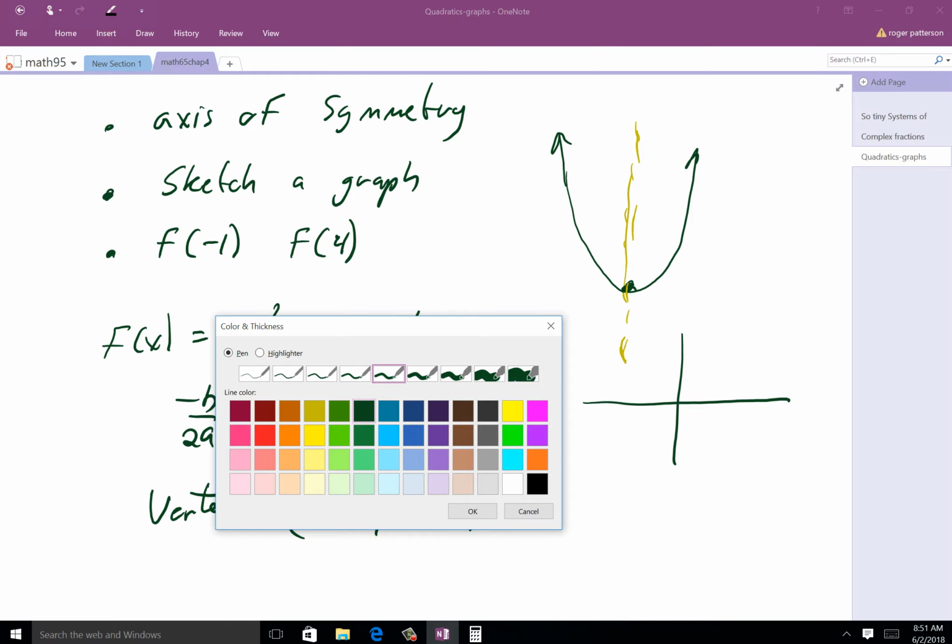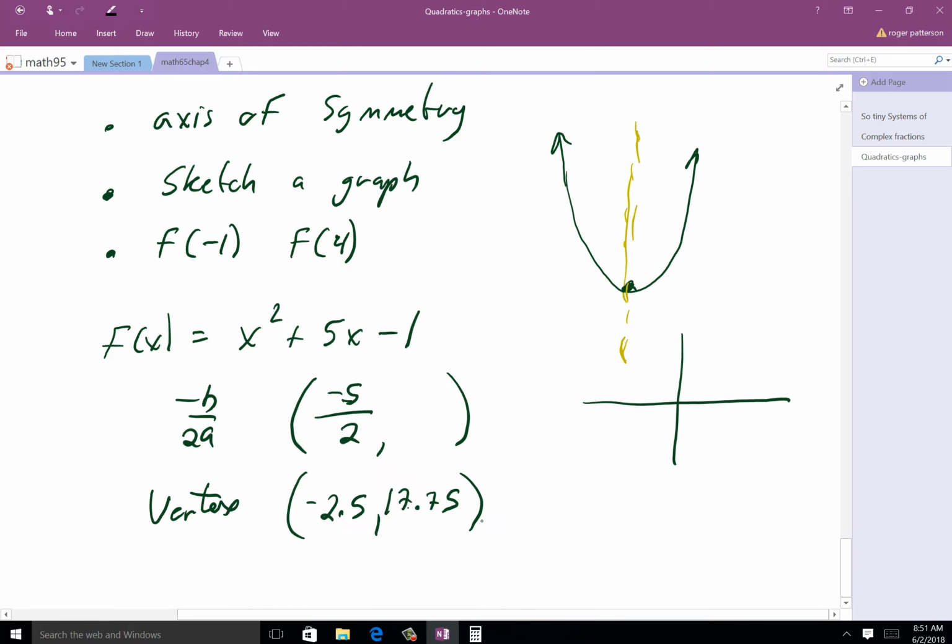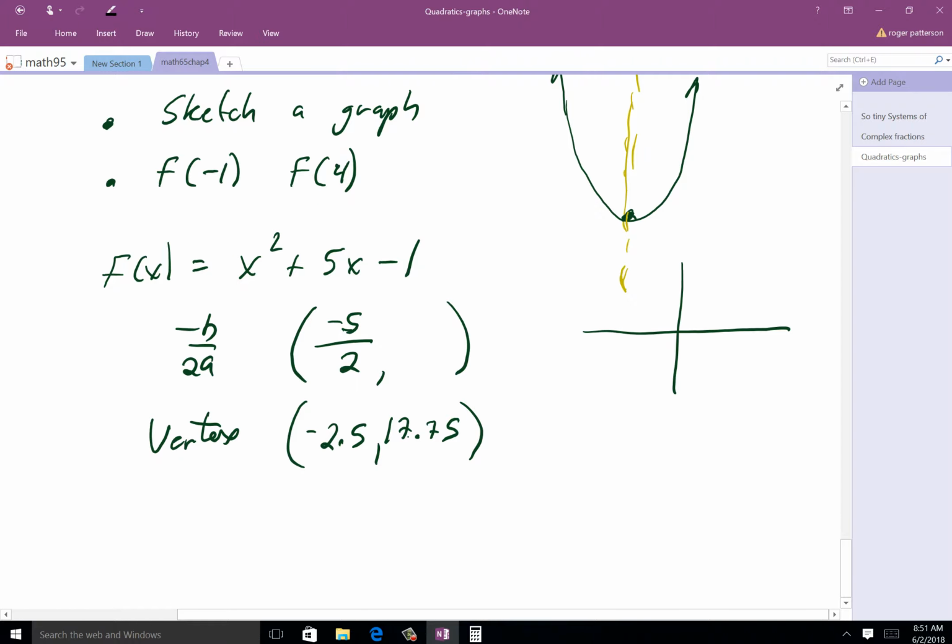Well, math teachers like to ask about it. So the axis of symmetry, I'm just going to call it the axis here, is going to be a vertical line, so that's x equals, and right through that vertex point. So that's how you do the axis of symmetry. You just go to the x coordinate of the vertex, there it is.